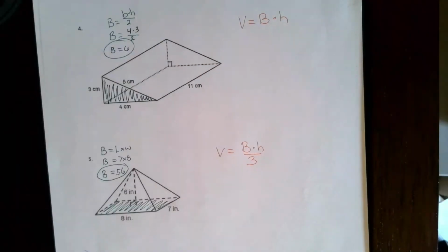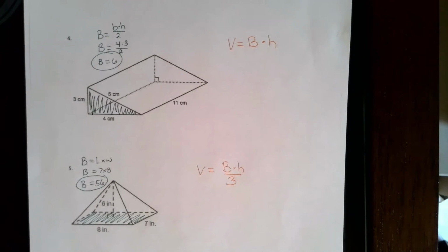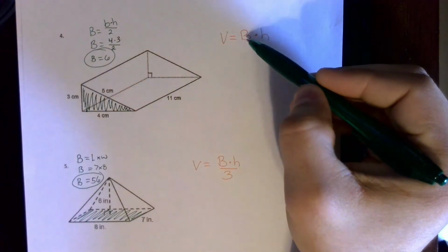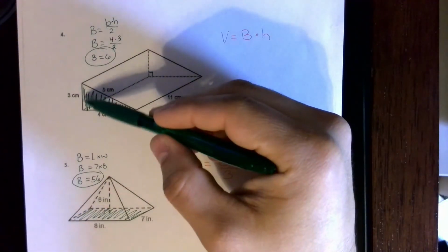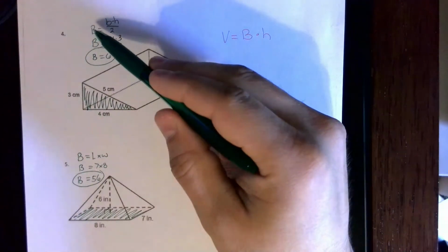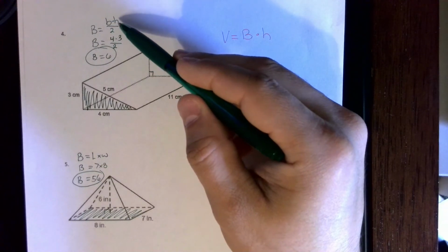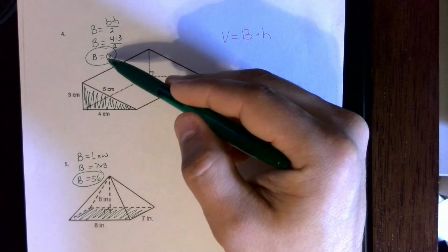Just to make the video go a little bit easier, I already did parts of 4 and 5 here, because both of these formulas have a capital B, big B, which stands for the area of the base. The area of the base is the area of this green side. It's a triangle. So for number 4, the formula for the area of a triangle is base times height of the triangle divided by 2. 4 times 3 is 12. 12 divided by 2 is 6.